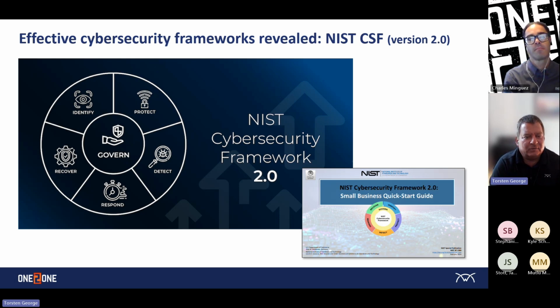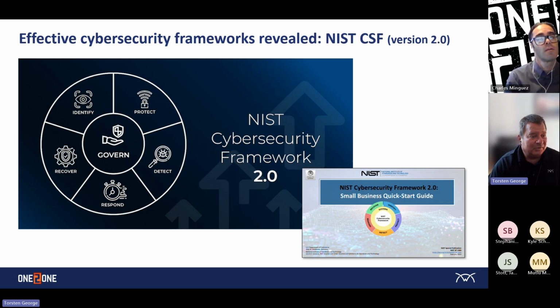They created for the first time a small business quick start guide, which gives more practical guidance on how to apply these 100 plus controls to your environment. So it was very nicely done. Finally, they acknowledged this is a framework that's being consumed not just by government, not just by large organizations, but even by small organizations.